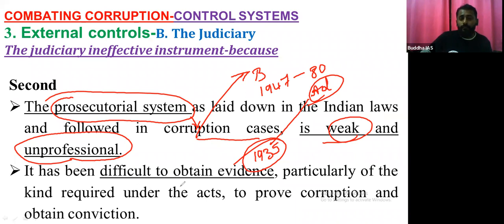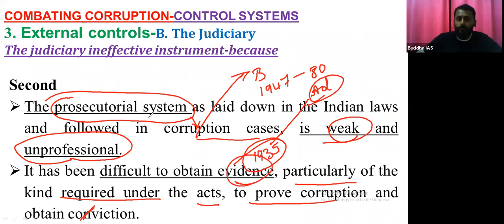It has been difficult to obtain evidence, particularly of the kind required under the acts to prove corruption. So, in most of the movies also you might have seen, in most cases it is very, very difficult to hold a person guilty of having done something wrong in a legal system.